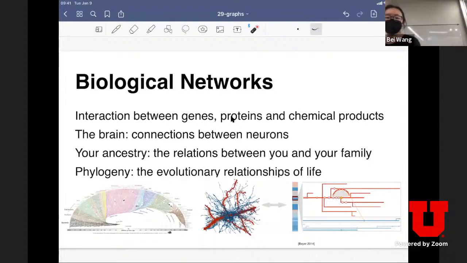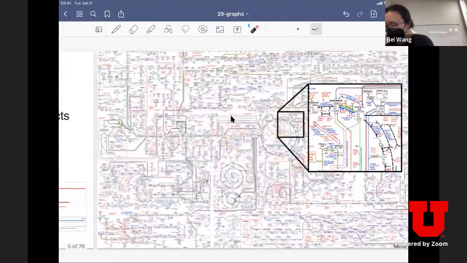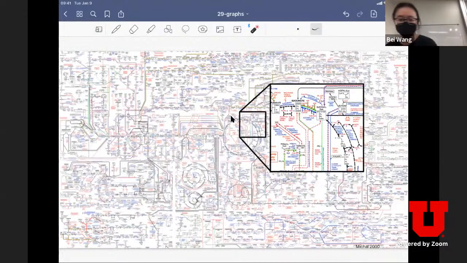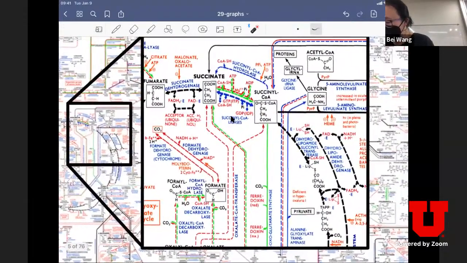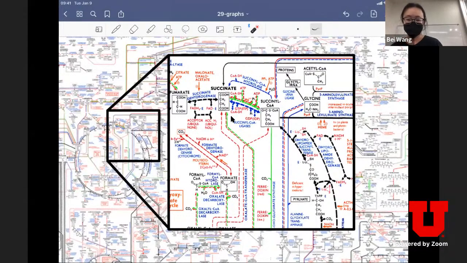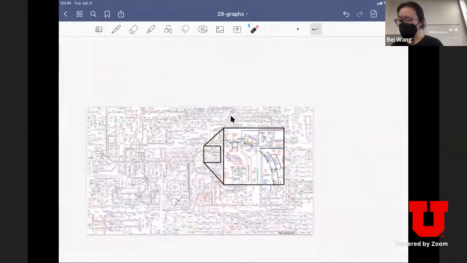And if you think about your ancestry, the evolutionary tree or phylogeny, the evolution of life can also be mapped as a network or tree structure. This is an example of a biological network. If you zoom in, it looks at the interaction between different chemical compounds in a biological system.